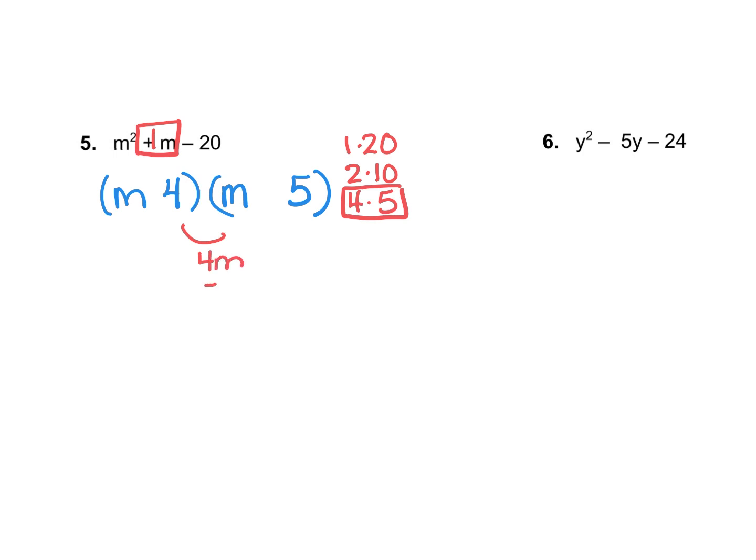We have a positive 1m, so we know that this one is going to have to be the positive, and this one would have to be the negative. So in order to do that, I would have to have a plus 5, but then a minus 4.